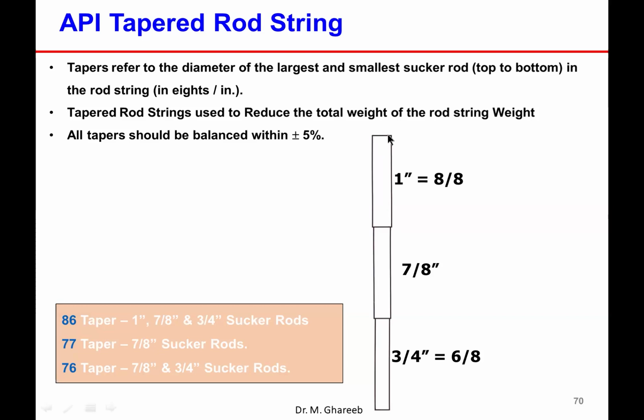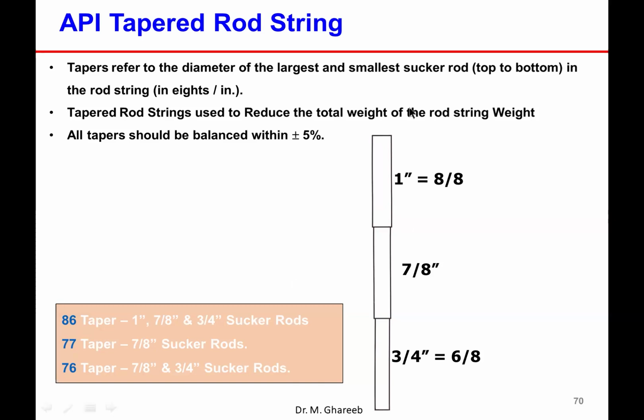The top joint is lifting the whole rod string plus the weight of the rod, but the lower part of the rod string is only lifting the fluid load. So the tapered rod string is referred to by the diameter of the largest rod used at the surface of the well down to the smallest rod size used at the bottom of the well.